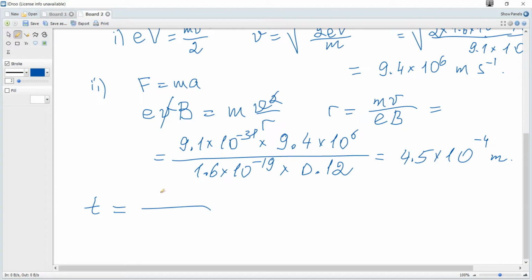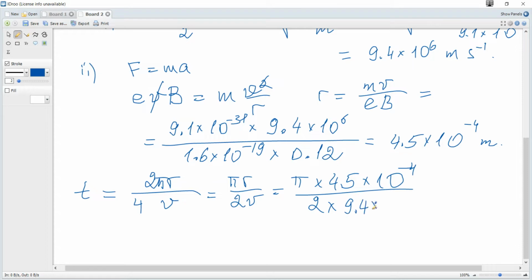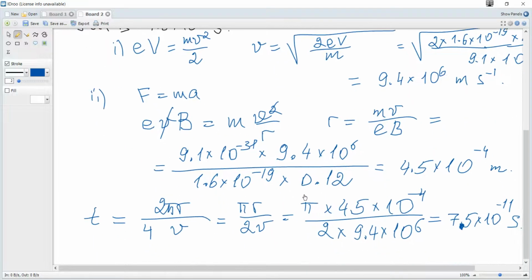Distance is a quarter circle, 2 pi r over 4, and speed is in the denominator, so it's pi r over 2v, which is equal to pi times 4.5 times 10 to negative 4 over 2 times 9.4 times 10 to the power of 6, which is equal to 7.5 times 10 to negative 11 seconds to two significant figures as required.